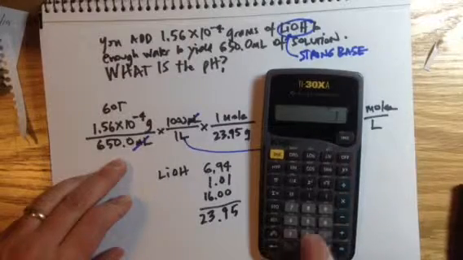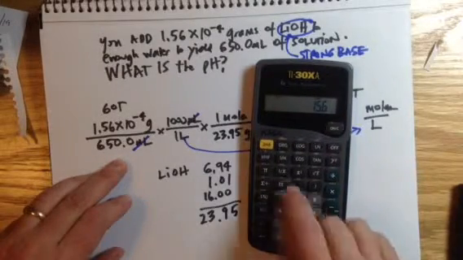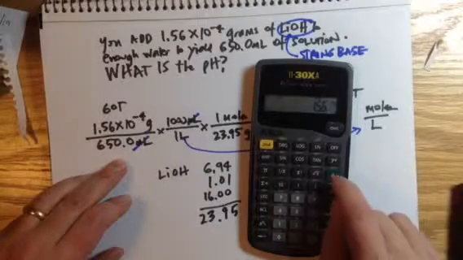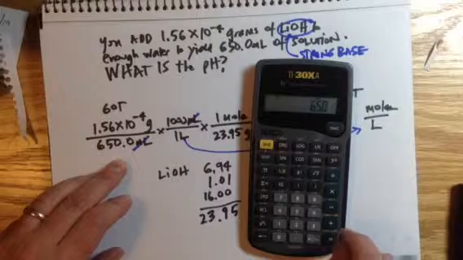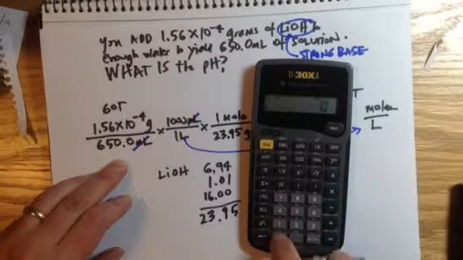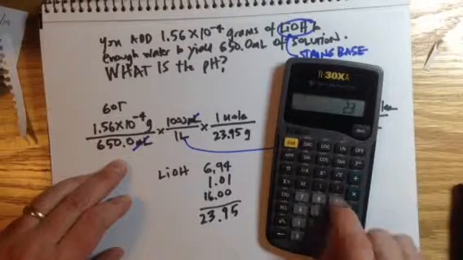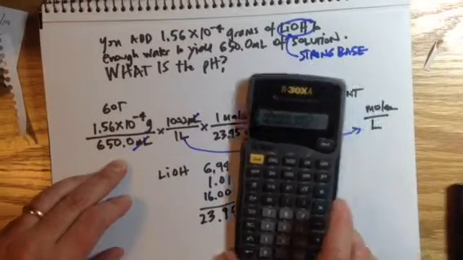Looks like 1.56 double E, change the sign to 4, divided by 650 times 1,000 divided by 23.95. Whoa!